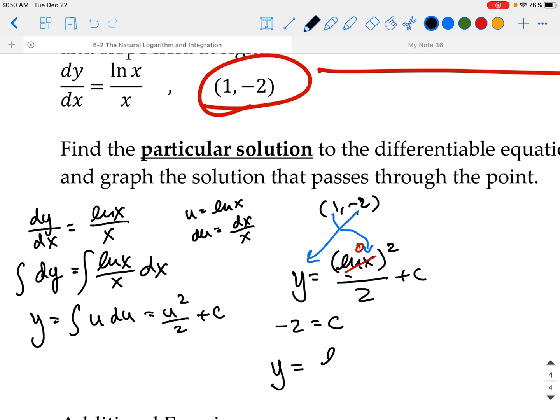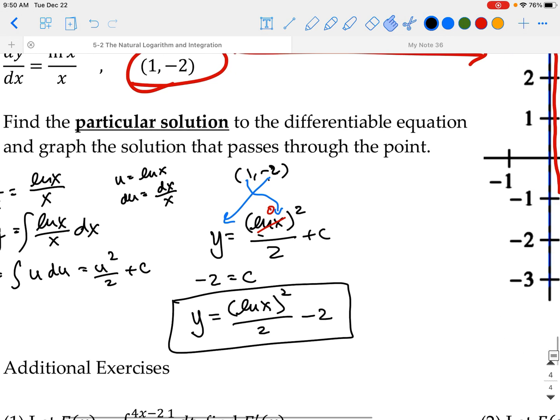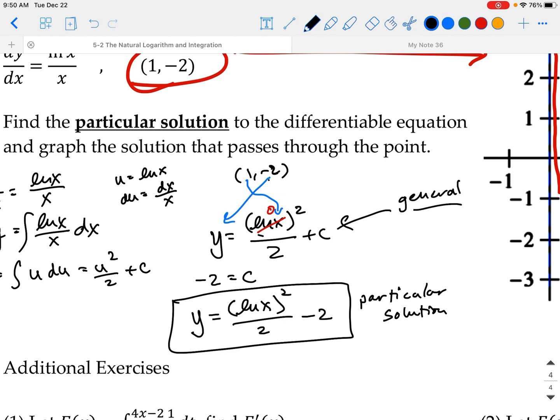So then we end up with our particular solution is going to be y equals the square of natural log of x divided by 2 minus 2. So now this is our particular solution. Whereas this plus c curve that we started with was our general solution.